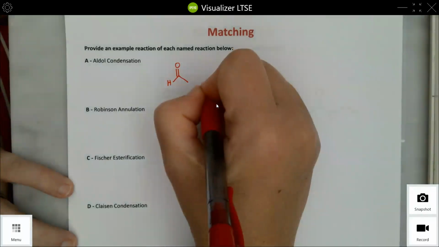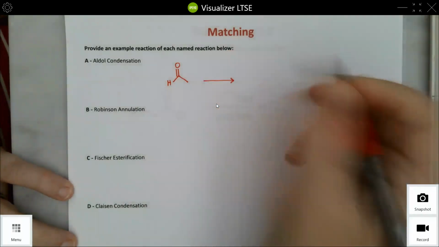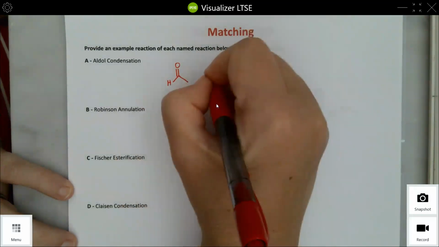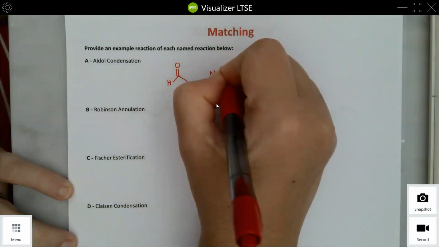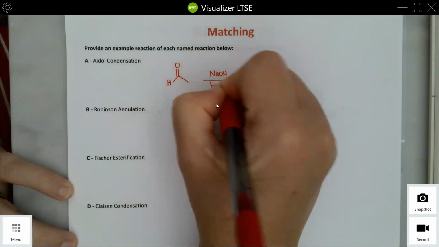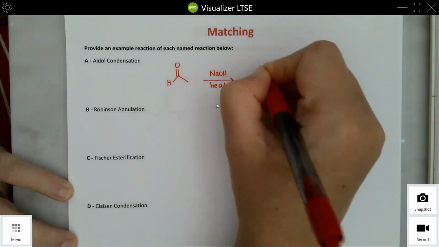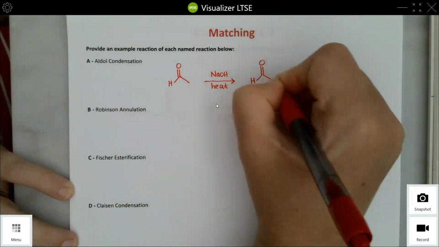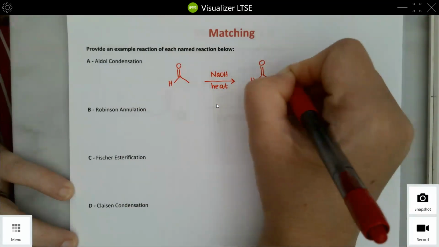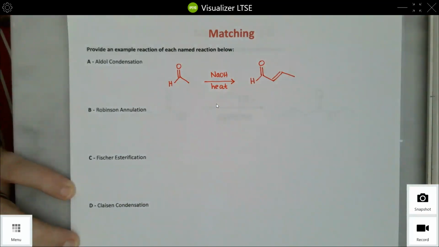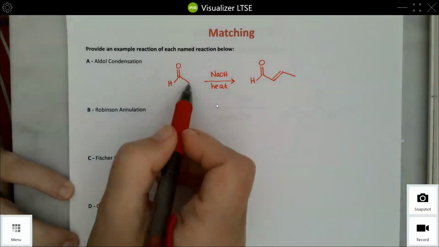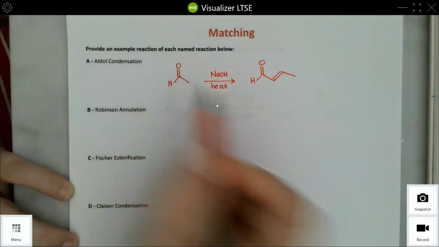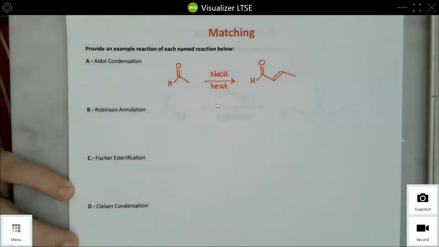And we would end up using 2 of these, right? We would use sodium hydroxide and heat. And we would go all the way to the alpha beta unsaturated carbonyl containing component, right? So 1, 2, 3, 4, because we're using 2 of these. 1, 2, 3, 4. So always double check your carbons there.